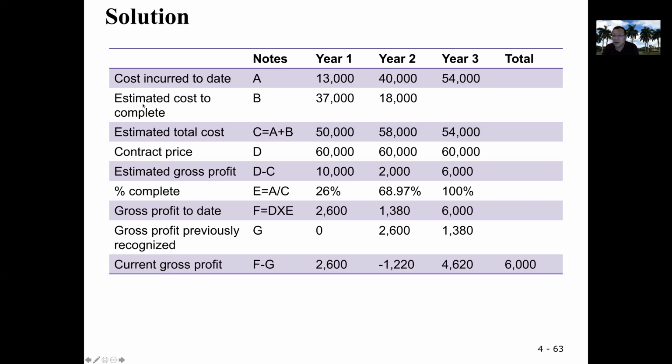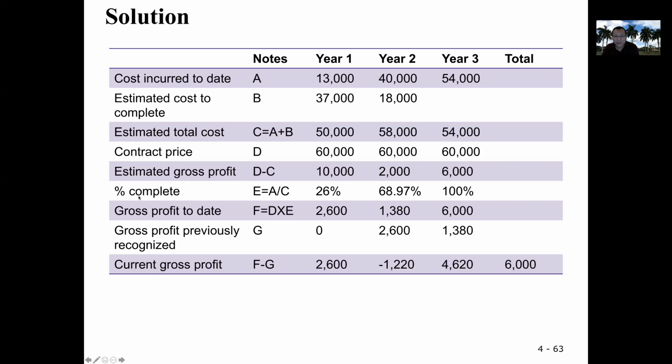The estimated cost to complete is 18,000. So at the end of year 2, the total projected cost is these together, 58,000. Still the same contract price, but the profit margin is much lower, it's only 2,000.